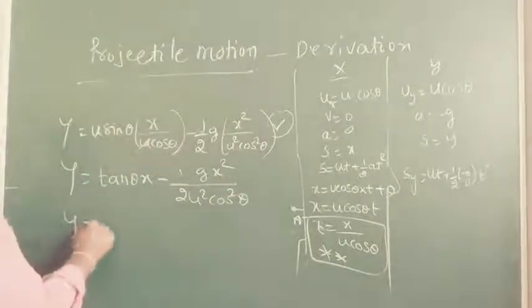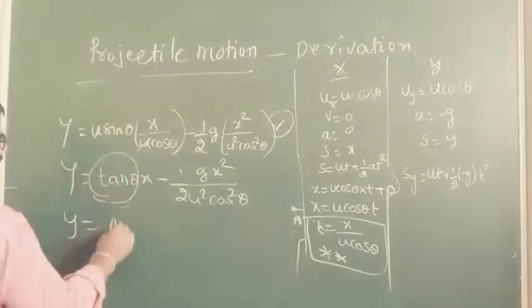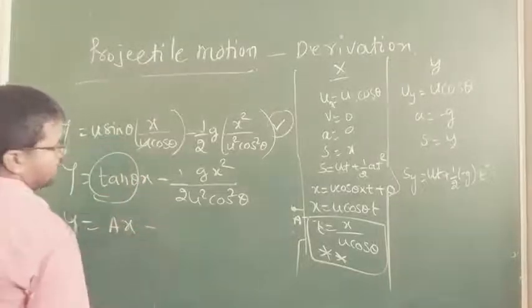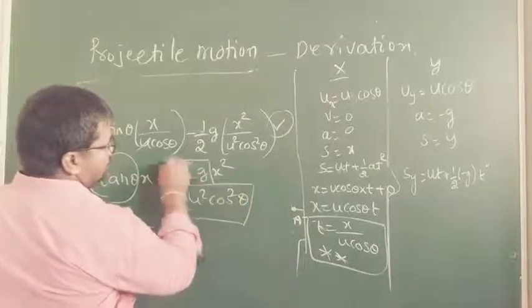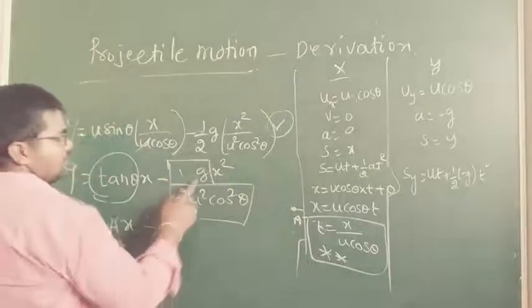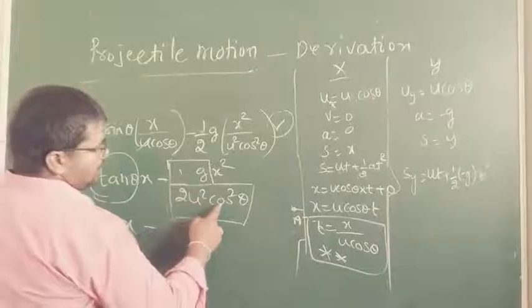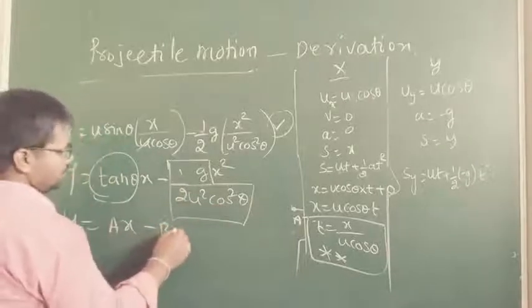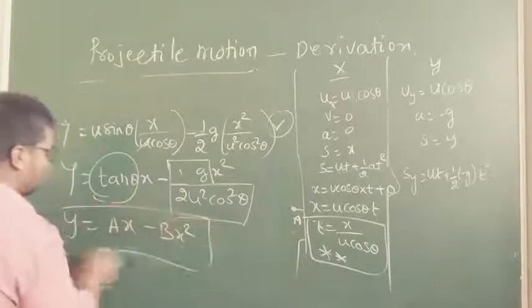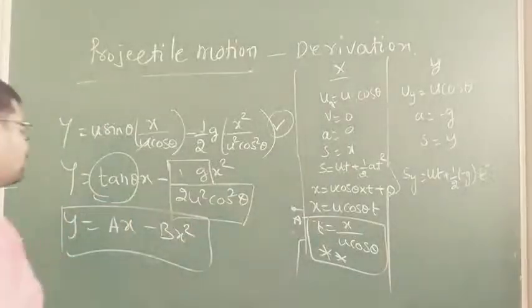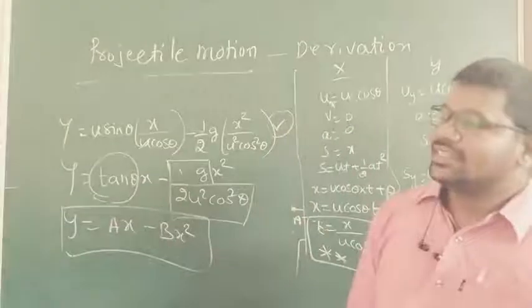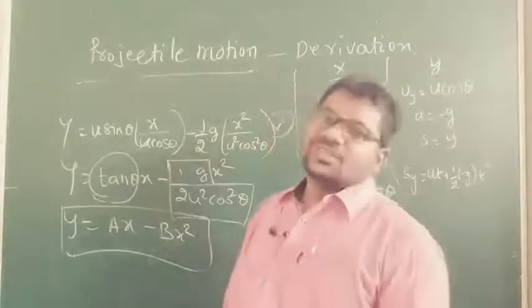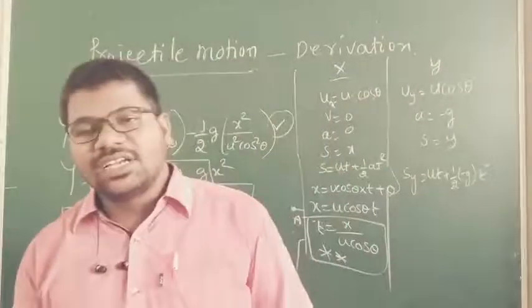So now y is equal to this tan theta, denoted a, and 1 by 2 g by u square cos square theta, denoted b. Understand? So y is equal to ax minus bx square. What does this equation represent?